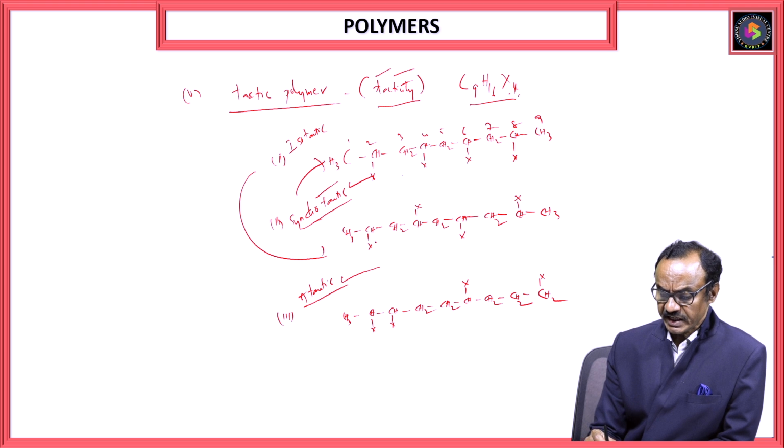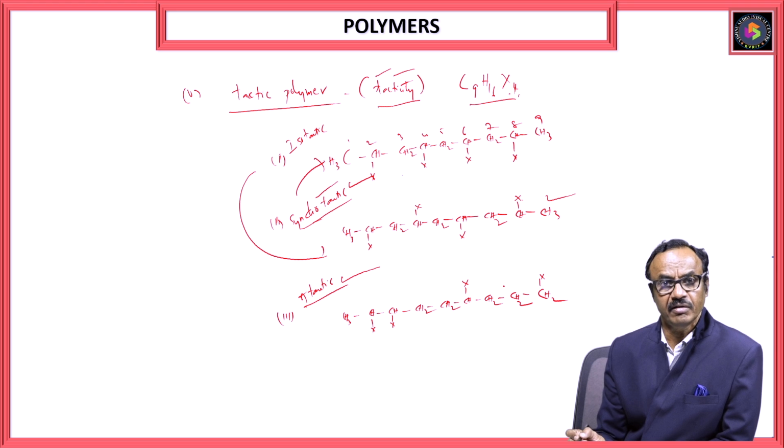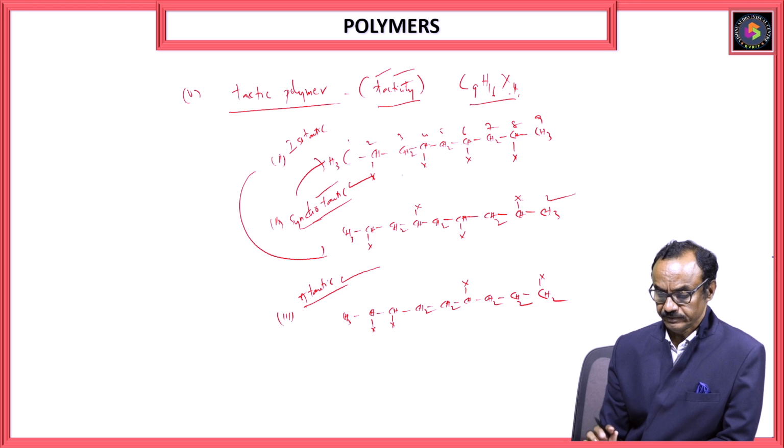Next, if the X atoms or any functional groups attached to the main chain are alternately this side, next this side, next this side, right? So alternately, then it's called isotactic. If the X atoms or any other functional groups attached to the main chain are at random, irregular, it is known as atactic.